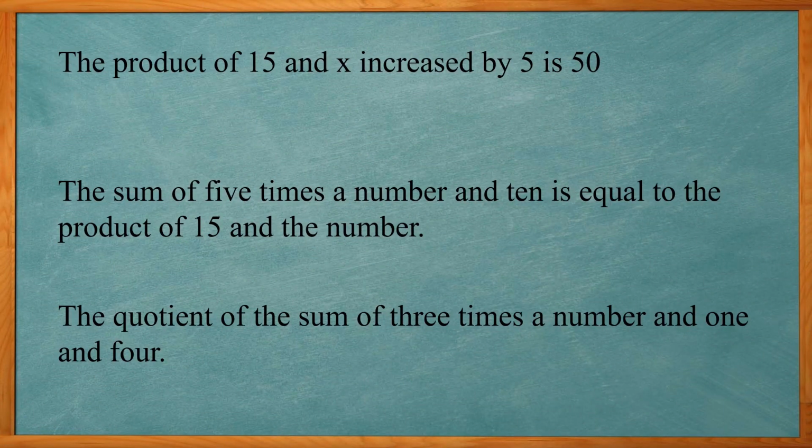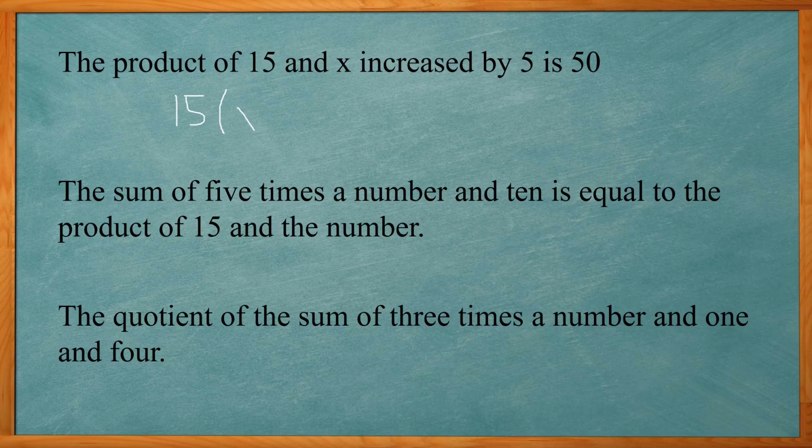So this one reads, the product of 15 and x increased by 5 is 50. So we got product, that means multiplication. We got increased by, that is addition, and is, an equal sign. Okay, so we got a product of 15 and x increased by 5. So 15 is going to be a product, so it's multiplication.